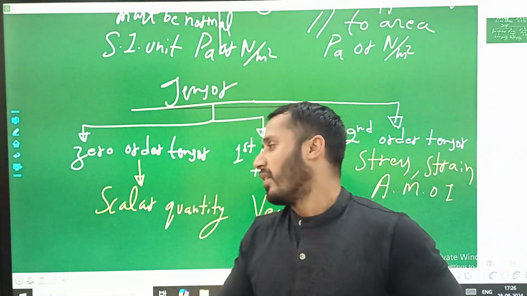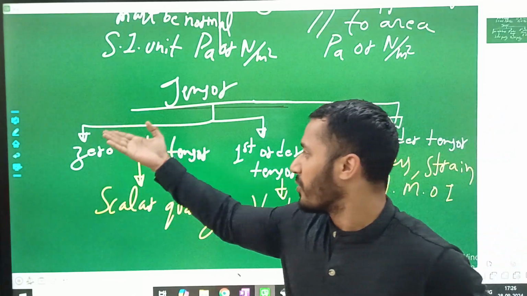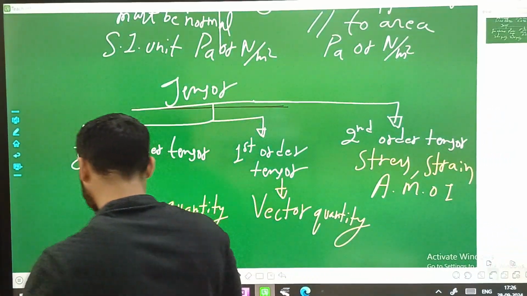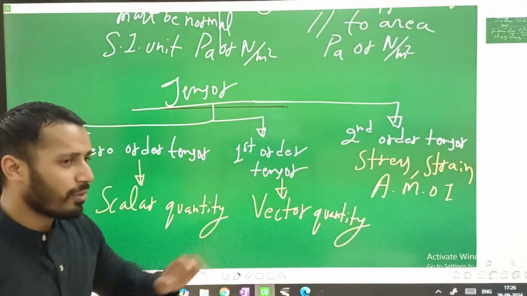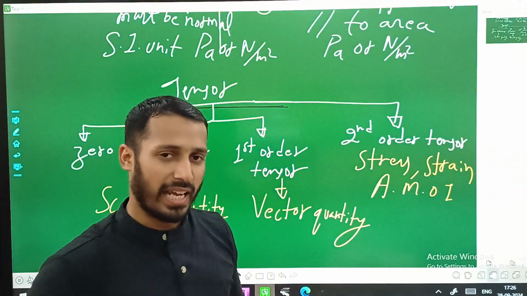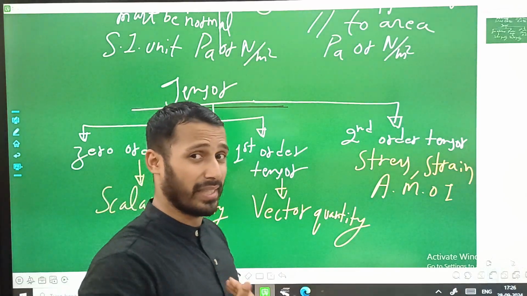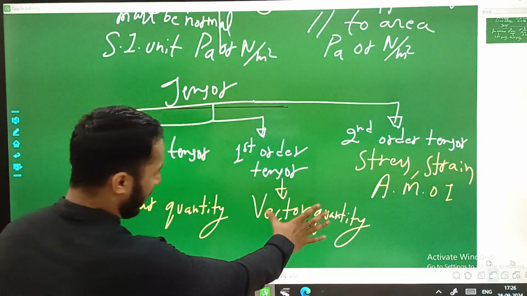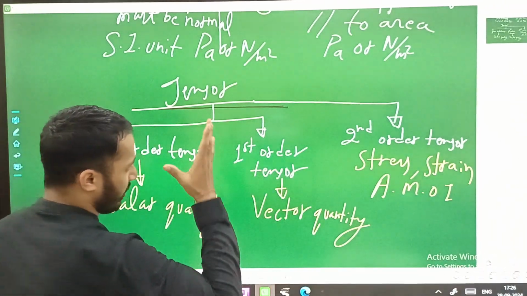That's why the scalar quantity is known as zero order tensor quantity. Now, for vector quantity, one parameter you need to define, that is direction. Along with magnitude, you need to specify the direction also. That is one parameter. That's why vector quantity is known as first order tensor quantity.